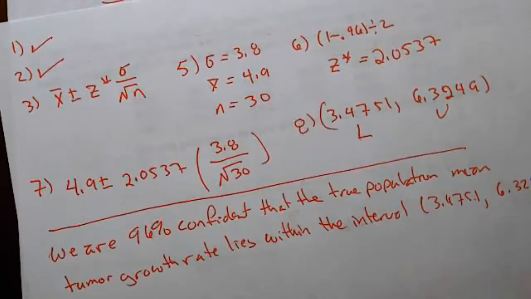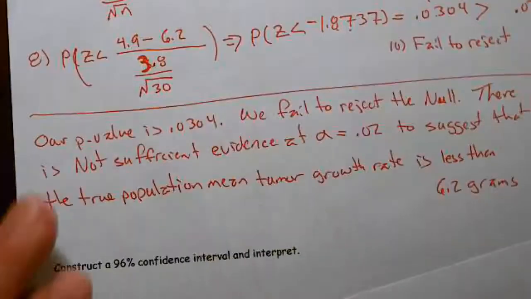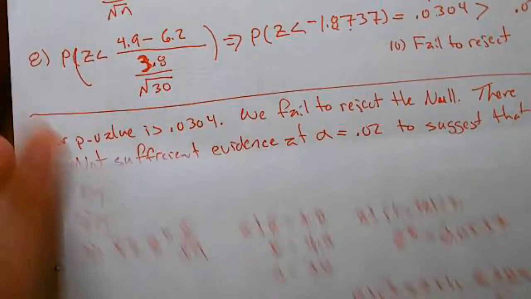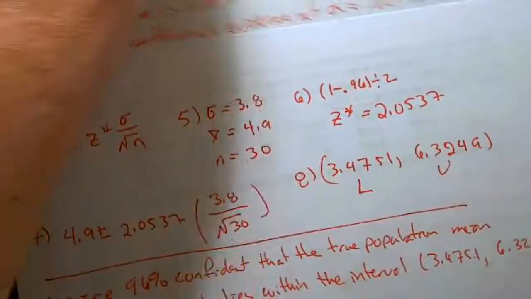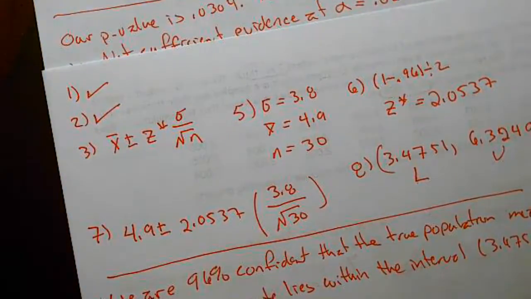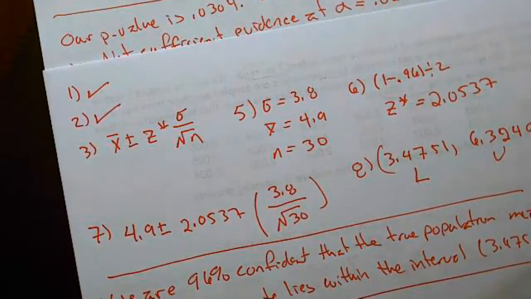All right. The next thing, what else does it say? It says and interpret. So we need to interpret the level. We only have to do this in step number 9. We only have to do 10 if they ask for it and they ask us to interpret.